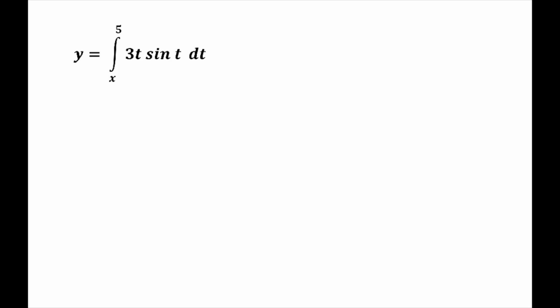So from x to 5, now we're supposed to have x as the upper limit, so the inverse will be negative, the integral from 5 to x of 3t sine t dt.